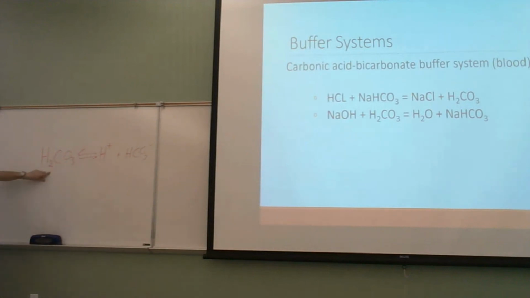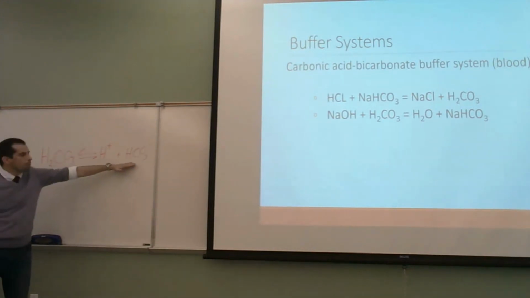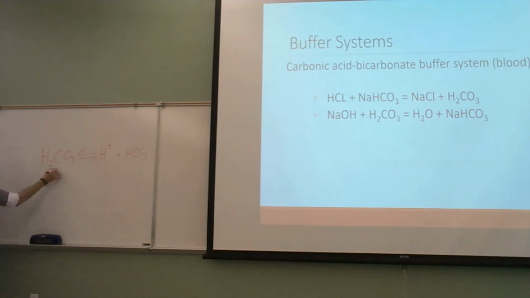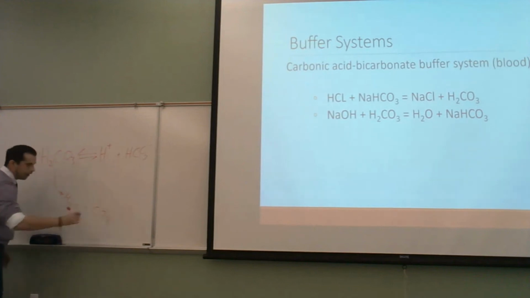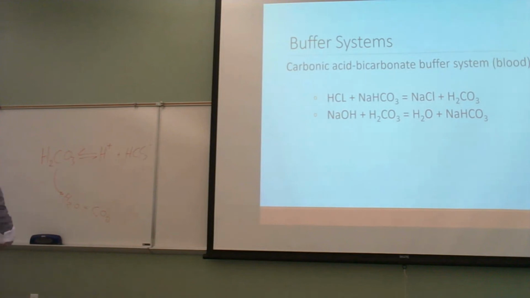However, carbonic acid doesn't only break down like such, it also breaks down into water and carbon dioxide. Now, if you notice, we drew a couple of fancy arrows in there.